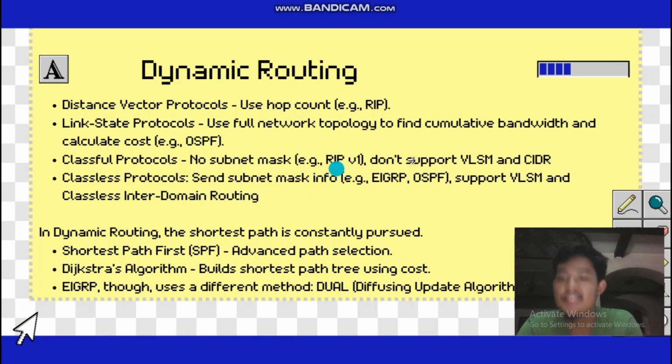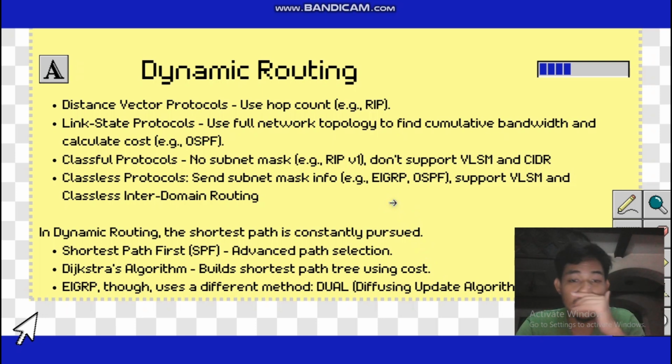CIDR falls under classless protocols, which send subnet mask info and support VLSM and CIDR. Examples of these are more advanced and more effective routing protocols such as EIGRP and OSPF. EIGRP we are going to discuss later.